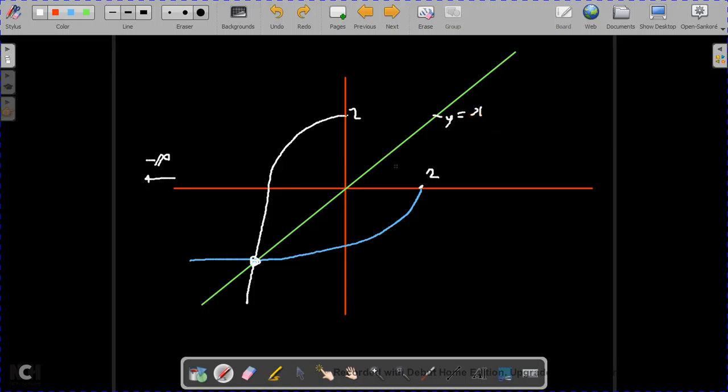Okay, so you've got a few different options. You can either solve when our original function equals the inverse function. You can solve when the original function equals our reflection line, or you can solve when the inverse function equals the reflection line.